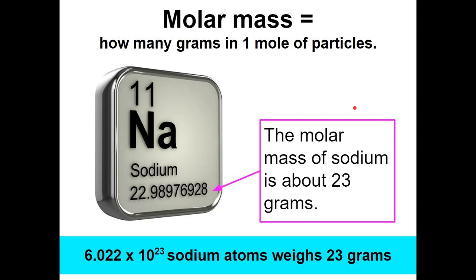Okay, the molar mass of sodium is about 23 grams. Okay, so that means that 6.022 times 10 to the 23rd sodium atoms, remember that's how many are in a mole, is right this number here, that many sodium atoms weighs 23 grams. Okay, easy peasy, it's right there on the periodic table.